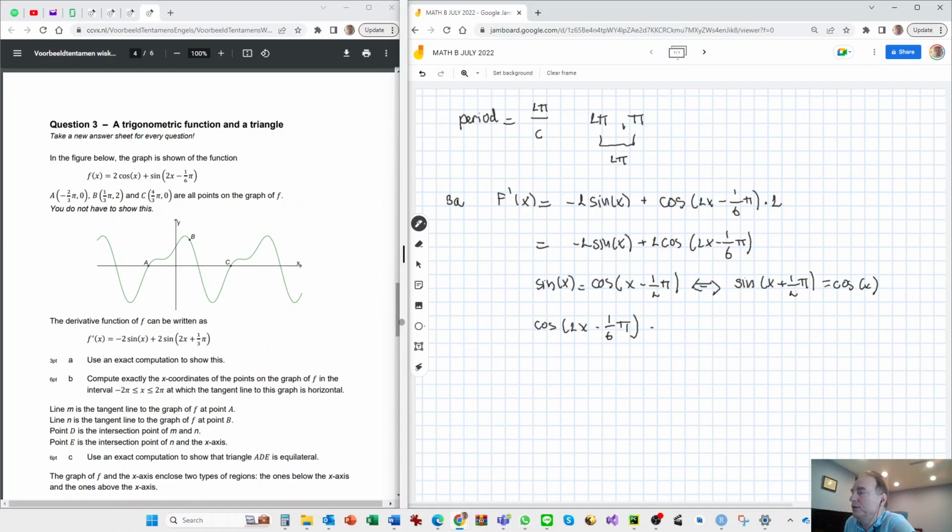So this will be the sine of whatever is here, 2x minus 1/6 pi plus 1/2 pi.